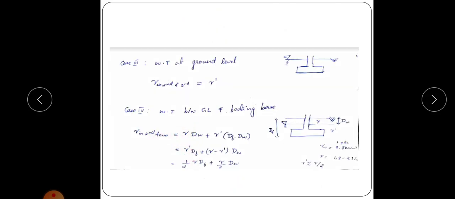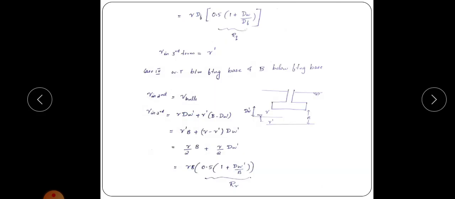Okay, that is, gamma in the second term means the second term will become gamma df into this factor rq, and this is replaced by a constant, that is rq. That is the change in the second term if the water table is between ground level and footing base.